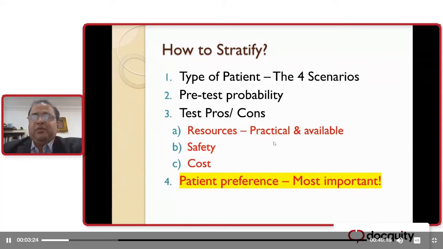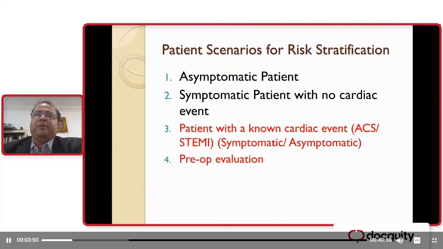If they tell you from the onset they just want medication, that's all, and they're not going to agree for any invasive tests, any bypass, PCI, if they have triple vessel disease and so on, what is the point of wasting resources, putting the patient at high risk just to find out he has triple vessel disease, but the patient wants nothing to be done? So that part is very important.